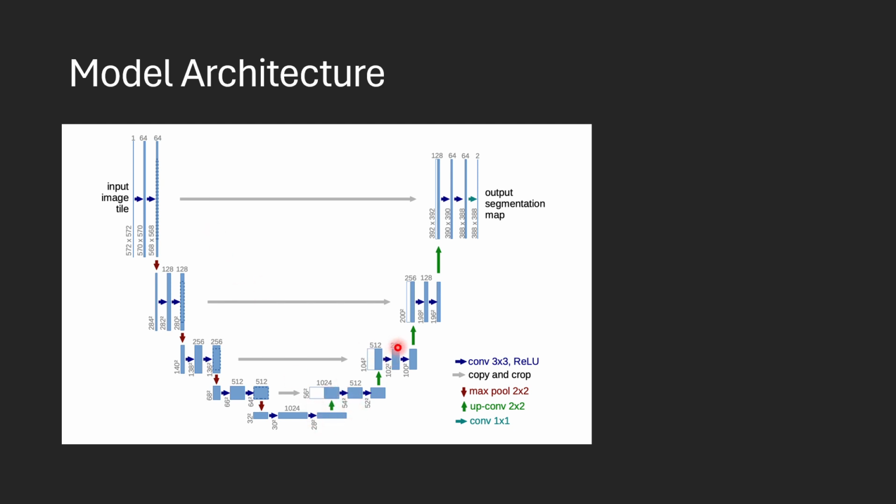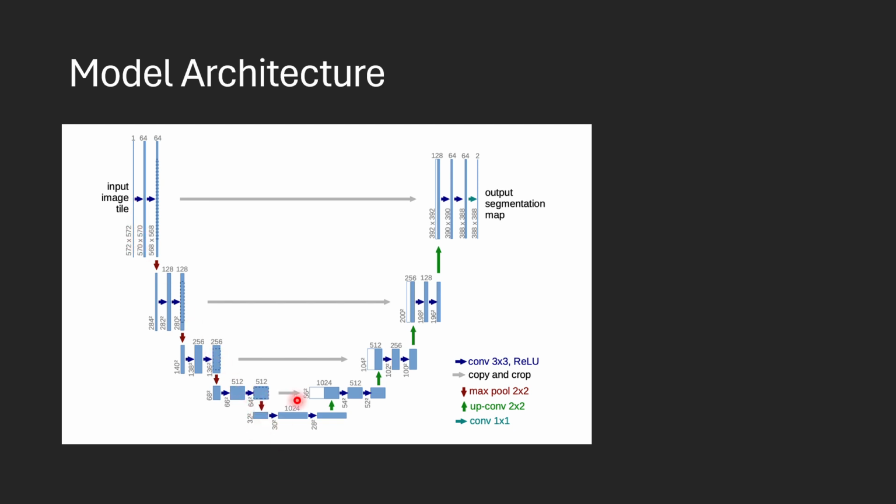Now I hope this architecture has been clearly explained to you, and if I have to recap it: double convolution followed by max pooling, repeated until we have reached the end of downsampling.